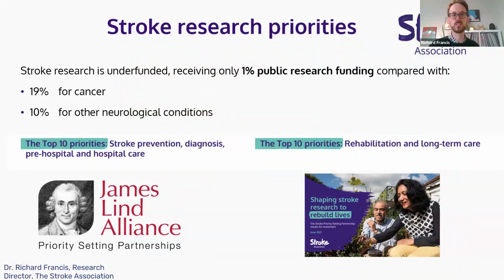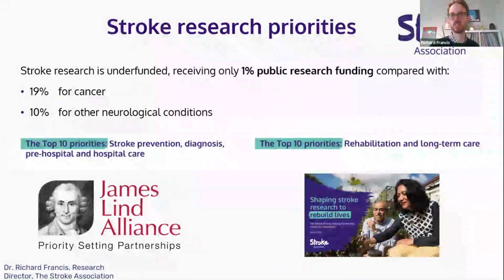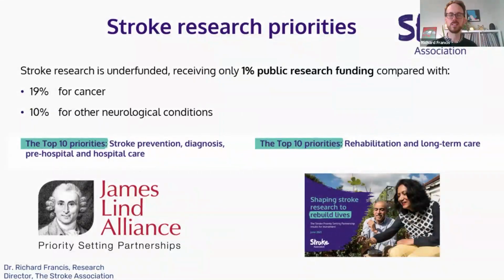We know that stroke is underfunded and only receives about 1% of government and charity funding. That compares to around 9% for cancer and around 10% for other neurological conditions. This is the main reason we conducted a James Lind Alliance priority setting partnership a couple of years ago.